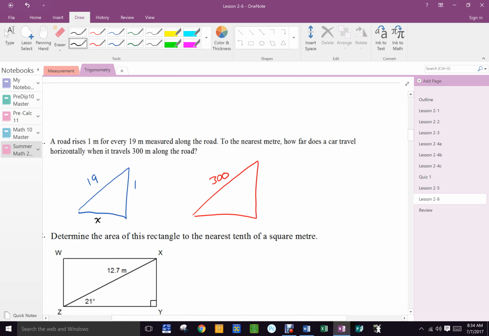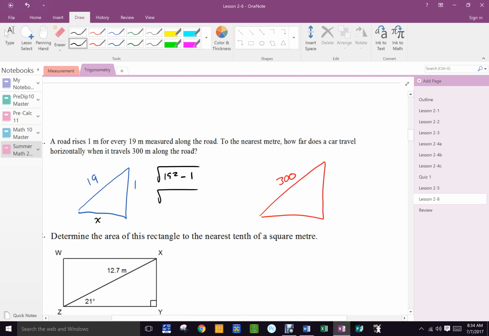How would I find the third side of this triangle? What finds the third side of a right angle triangle? He waited patiently. Starts with a P, ends with an S, has Pythagora in the middle of it. Yeah, you guys got it first guess. So this side right here is the square root of 19 squared minus 1, right? Which is the square root of 360.